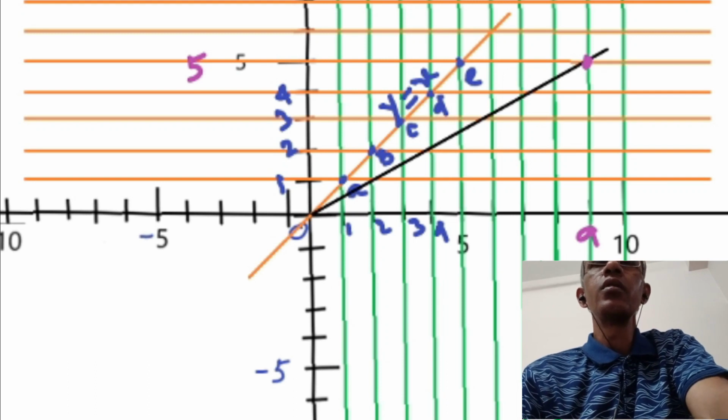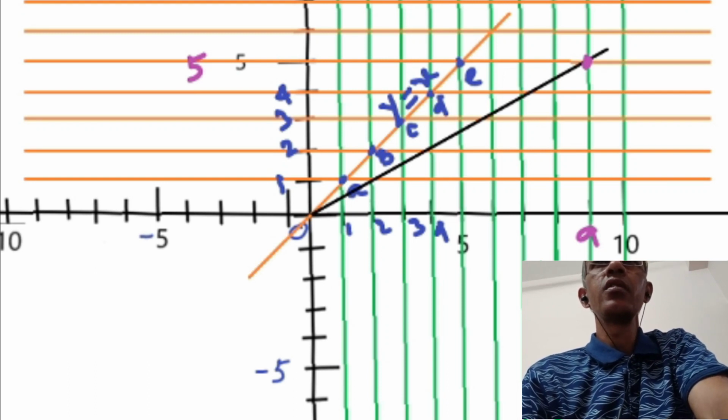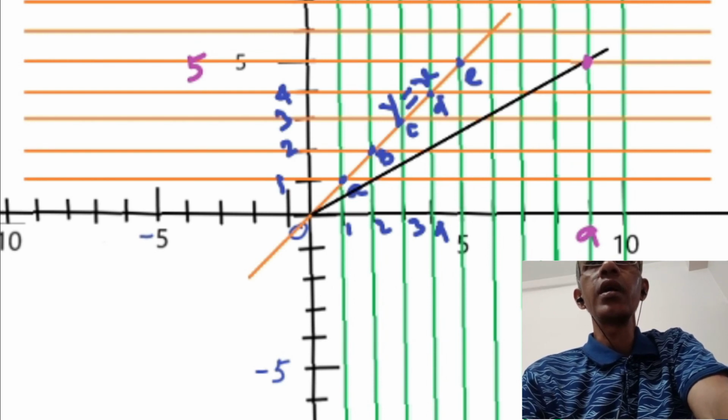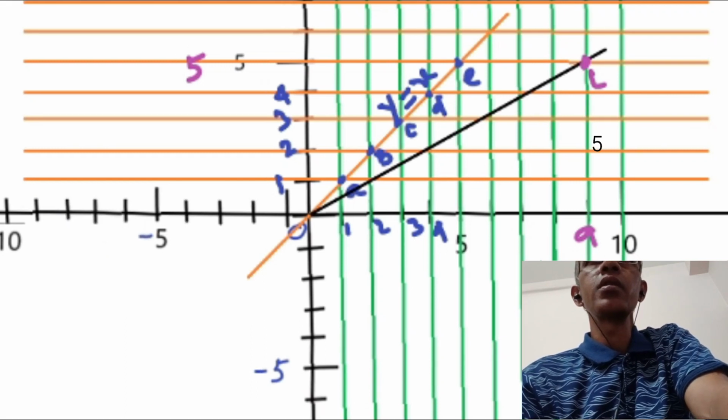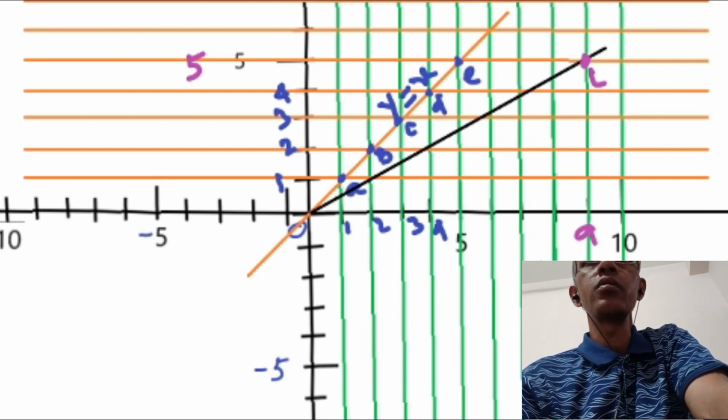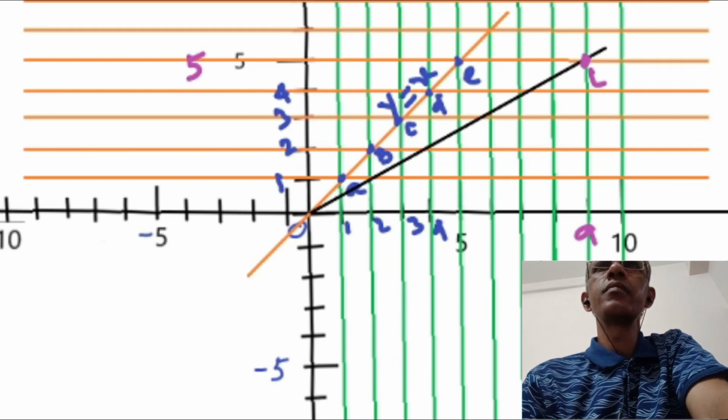So we can see that for triangle 0, 9 and let's say it is L, the ratio of the perpendicular and the base is: perpendicular is 5 and the base is 9. So that would be equal to 5 by 9.